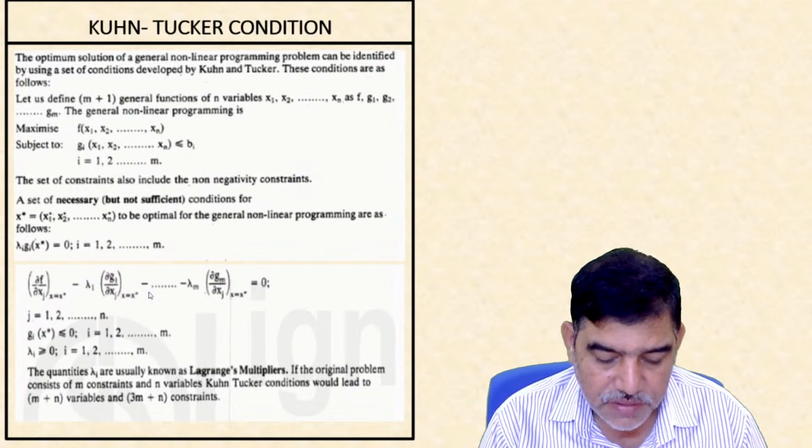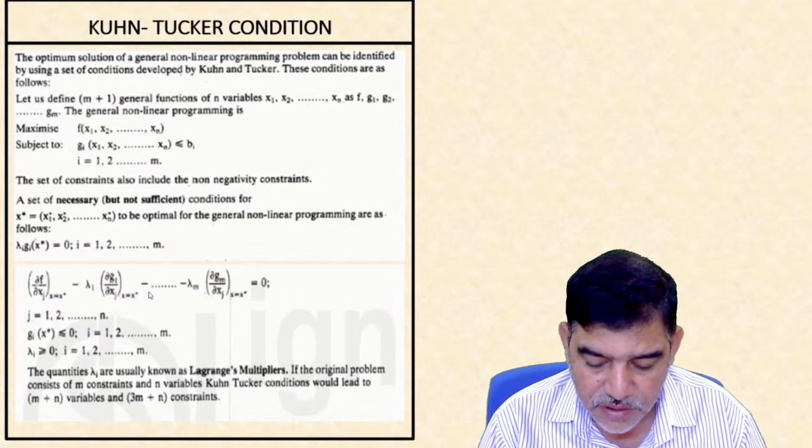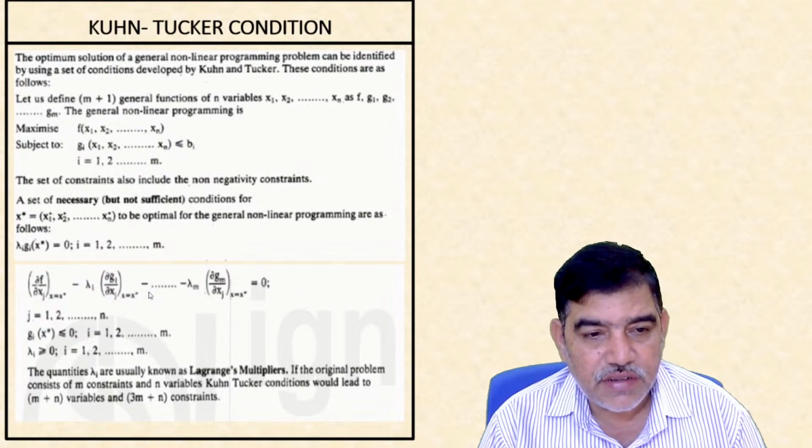If the objective function is concave for maximization or convex for minimization and the feasible region is convex, Kuhn-Tucker conditions are necessary and sufficient.